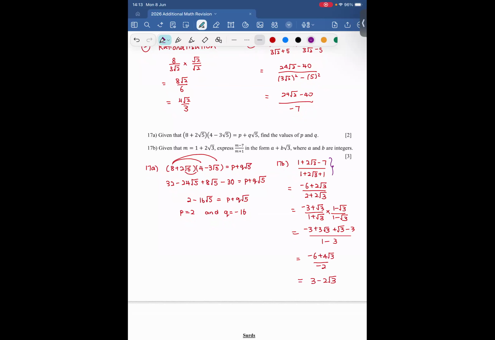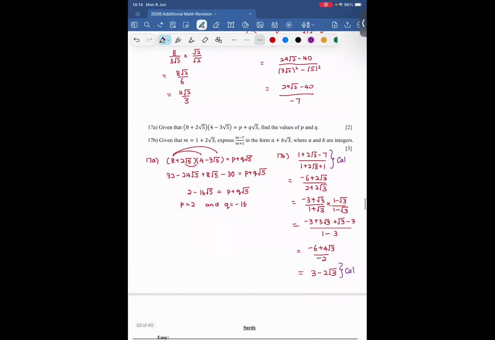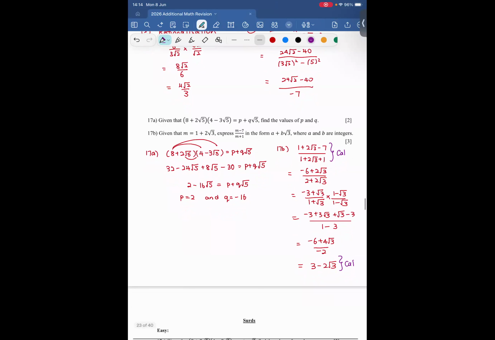Just press calculator to check whether the decimal is the same or different. Okay, can I move on?